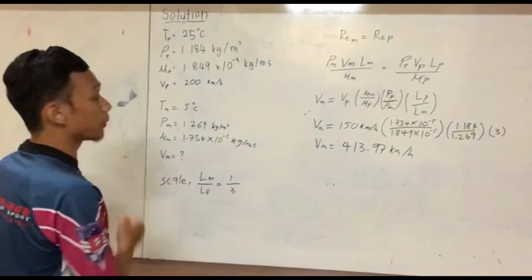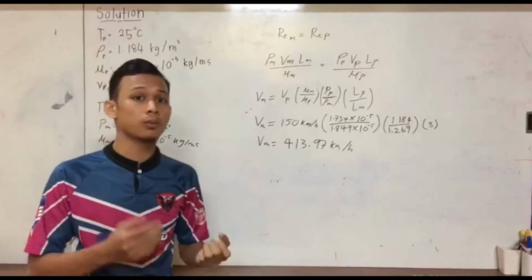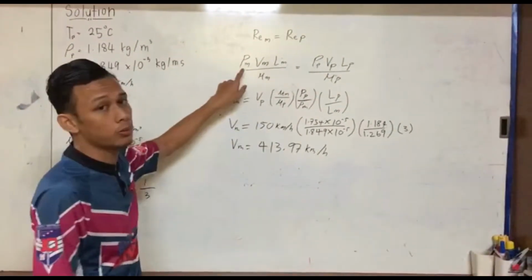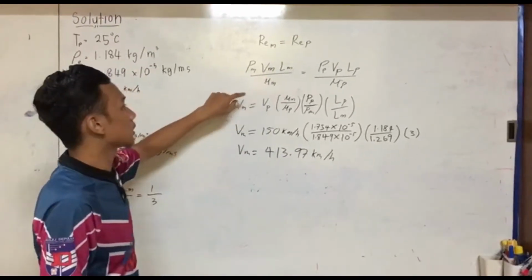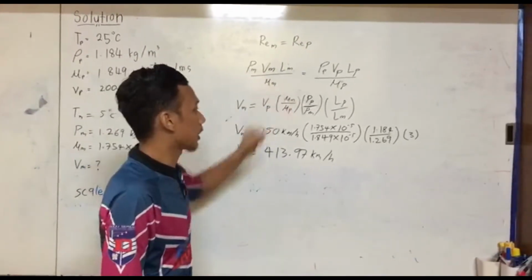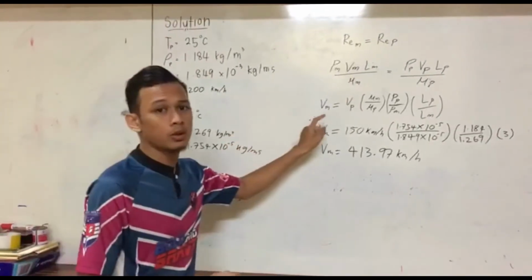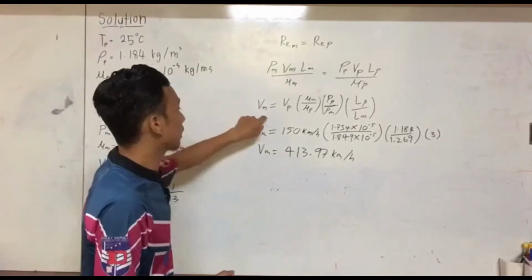To solve the problem, we need to know that the Reynolds number of the model and the prototype is the same. So we can use the formula rho V L over mu, which is the same as the prototype. Now we need to solve for the velocity of the model, so we arrange the formula.